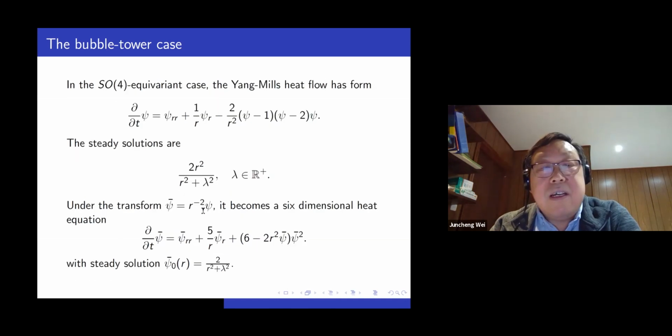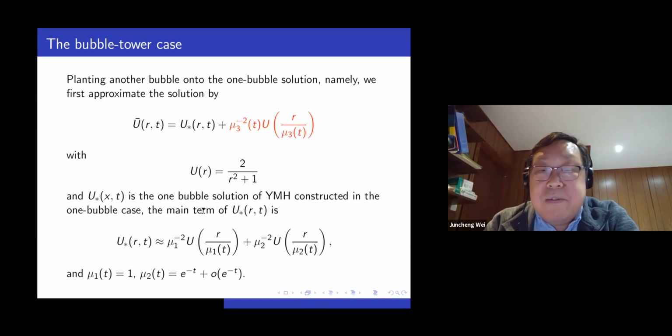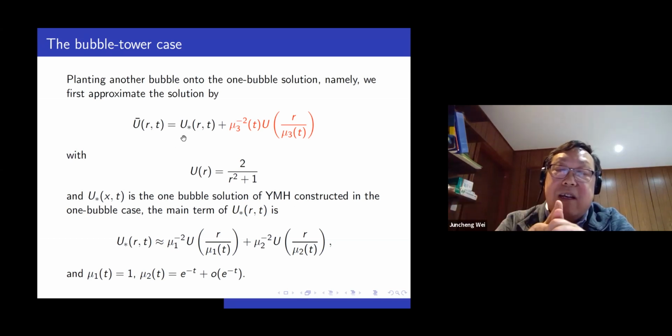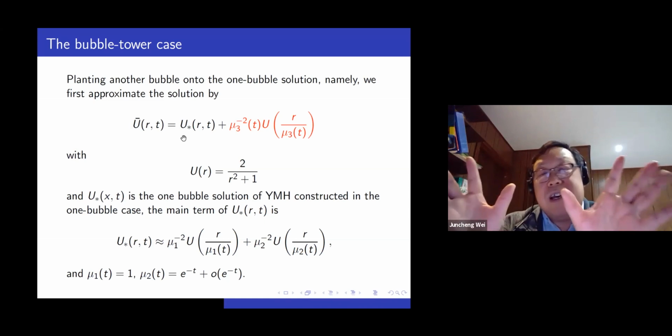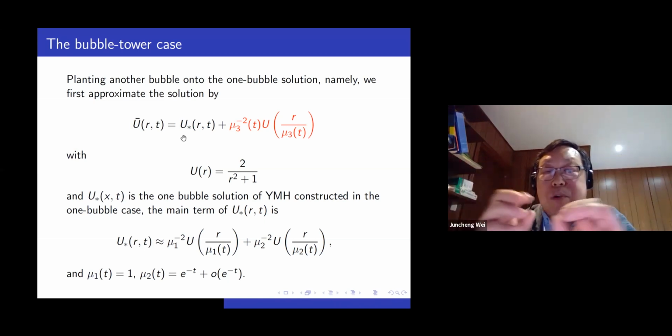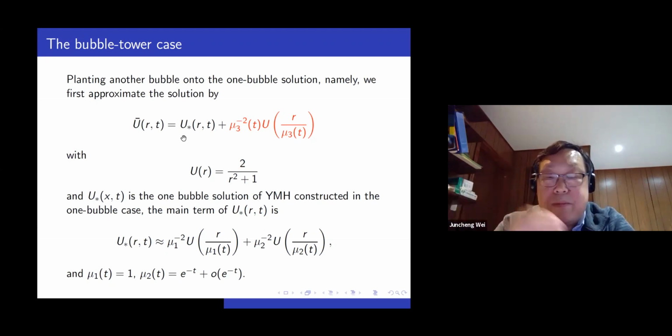So the whole idea of a bubble tower is with those. The reason that the bubble tower is so difficult is that one grows exponential, another one grows double exponential. So you cannot mix these two, because these two blow-ups are just not comparable.